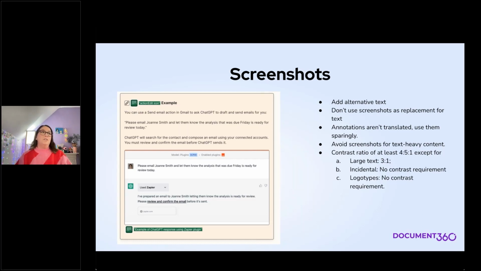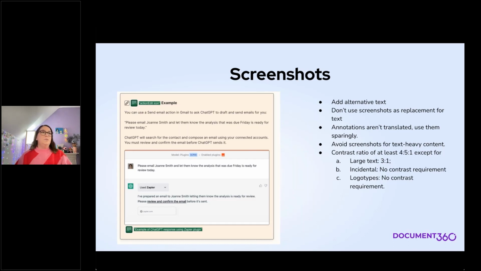Another thing to avoid with screenshots is if they are text heavy. So if you do need to add in a screenshot and it contains a lot of text in there, consider potentially moving to a more accessible format such as plain text or HTML rather than a screenshot. This again will be easier for screen readers to actually read and parse your content.